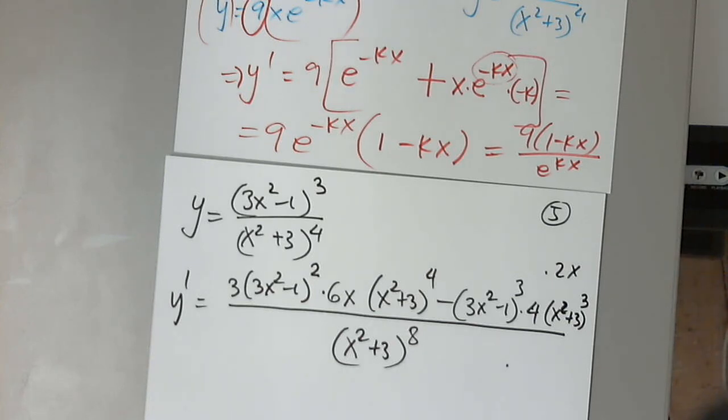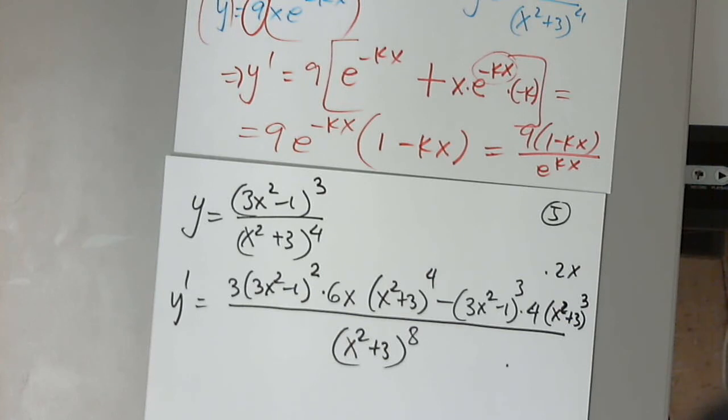Okay. Now, at this point, I have to look for factors, as many as possible, to pull out from the numerator. So, of course, a 3x squared minus 1 to the second power will come out. Of course, an x squared plus 3 to the third power will come out. And now let's see what I have here.